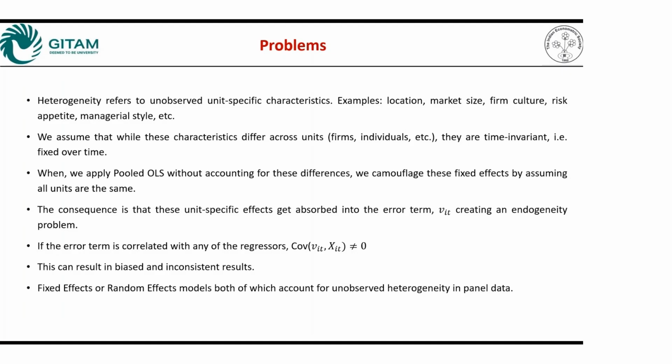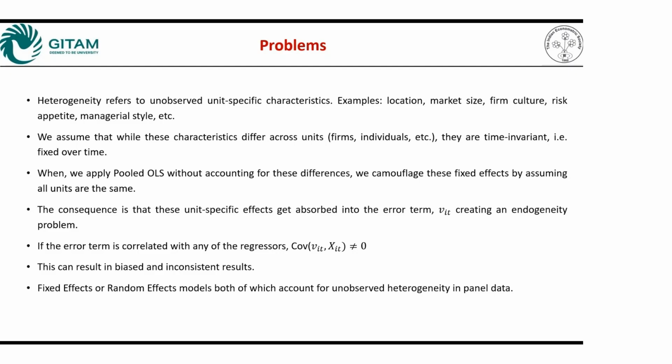Now, when we apply pooled OLS without accounting for these differences, we camouflage this fixed effect by assuming all units are the same. So we just applied pooled OLS, thought that everything is the same, and got our results. But we have a problem of heterogeneity, because we know at the grassroots level things are different. There are certain things that are affecting the results and we are just ignoring that.